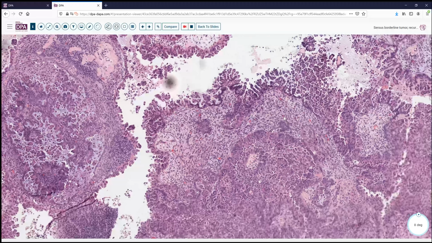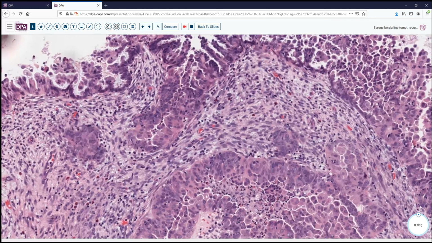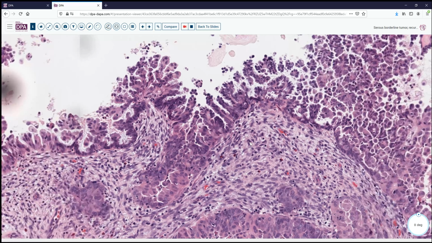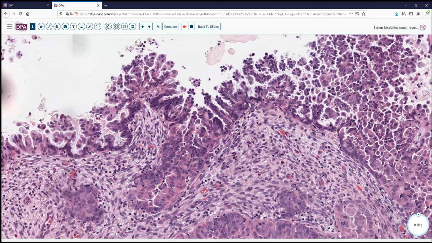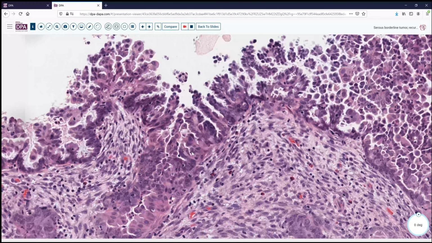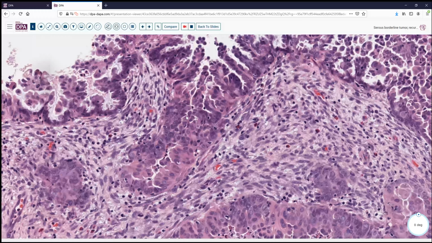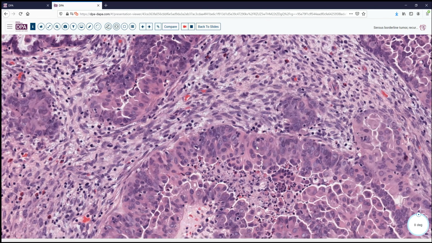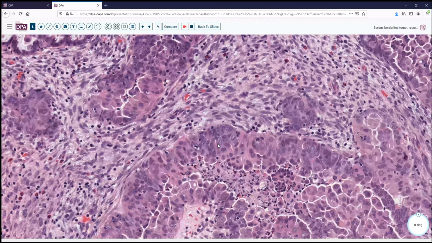So certainly for borderline lesions and for well-differentiated low-grade serous carcinomas, you're going to have more nuclear and cytologic atypia variability. While this is not high-grade atypia by any means, the nuclear characteristics with occasional nucleoli, more coarse, slightly thickened nuclear membranes is more pronounced than what we're seeing in that lesion that I just showed you.